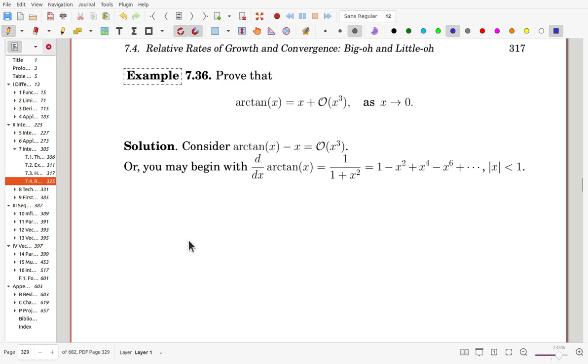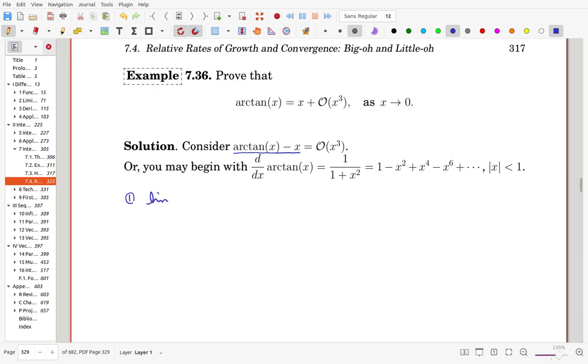Prove that arctangent of x is x plus big O of x cubed. You can solve this problem two ways, as given here. The first one is, if you move x to the left side, then you have to show that arctangent of x minus x is in big O of x cubed as x approaches 0.